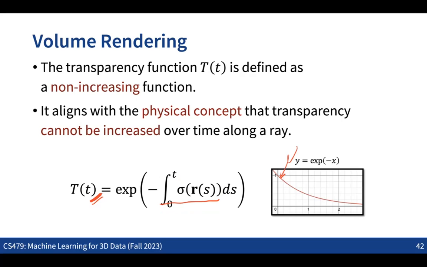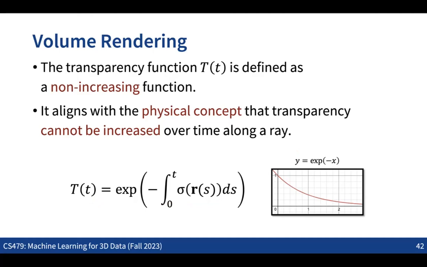As you go further, the probability of how likely the ray can fly until that point without making any kind of interaction should not be increasing, but it can be decreasing. So it makes more physical sense.